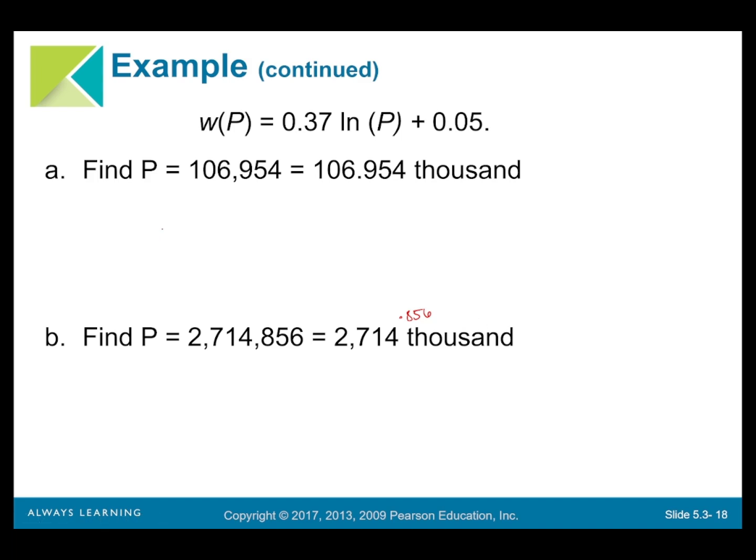We're going to be plugging in W of 106.954, which is 0.37 ln 106.954 plus 0.05. Alrighty. Let's get the calculator pulled up.